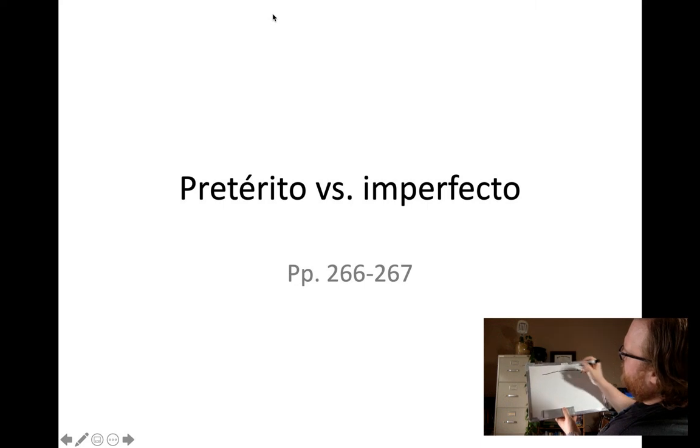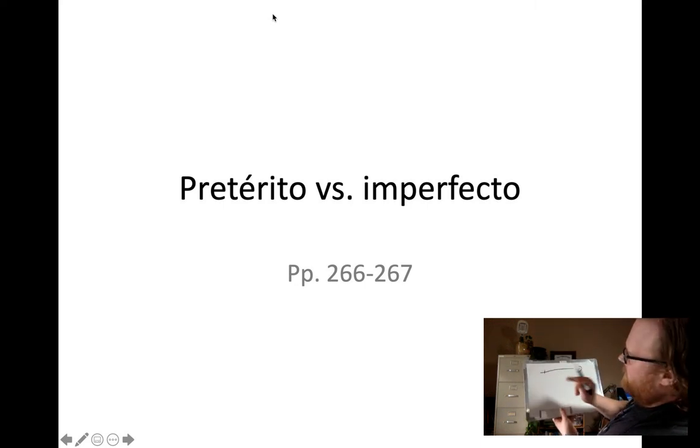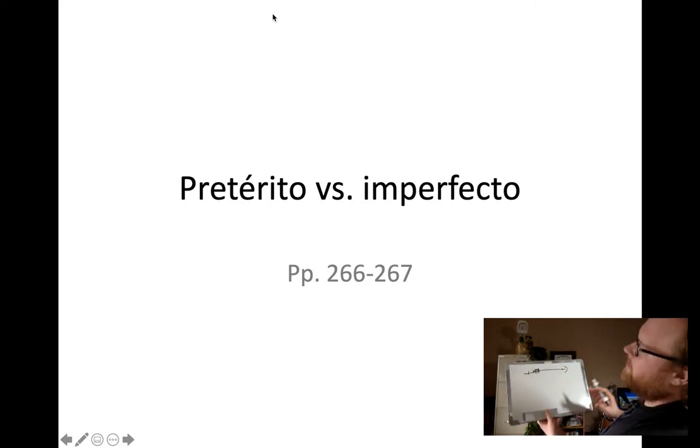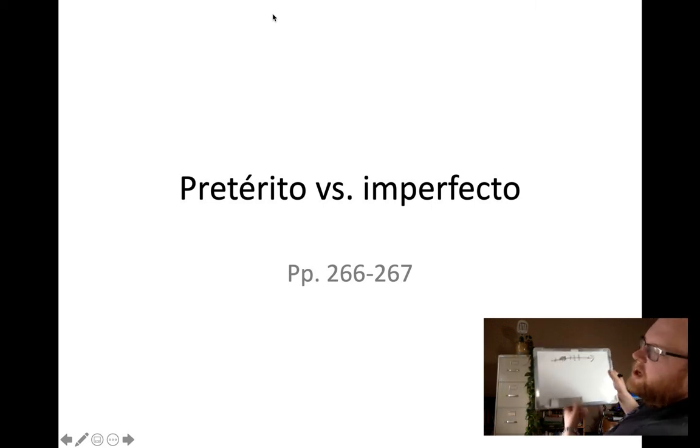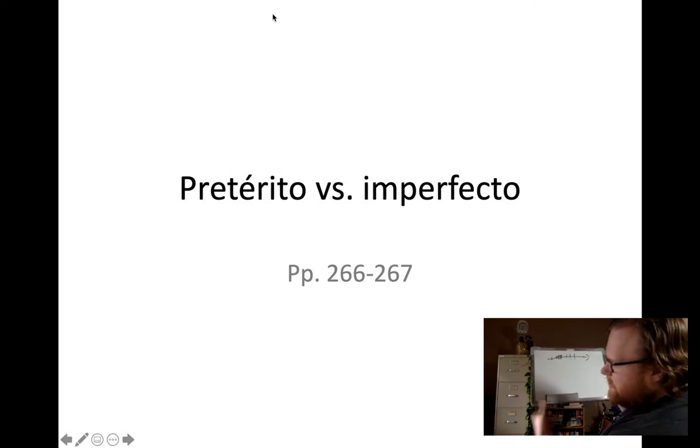The preterit could be a point, just one spot. It happened then. The preterit could be something that happened with a clearly defined beginning and end. Or the preterit could be a sequence of things. This happened, then this happened, and this happened, all clearly finished.